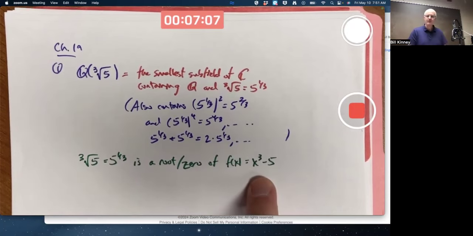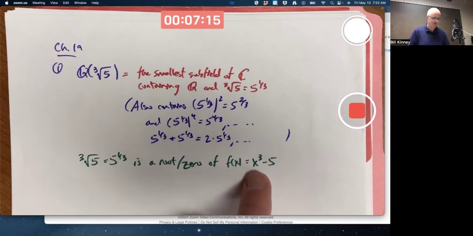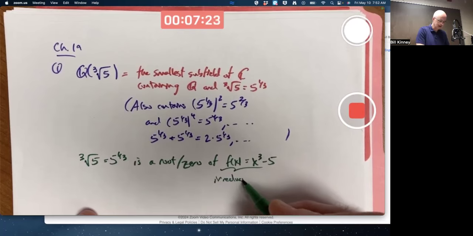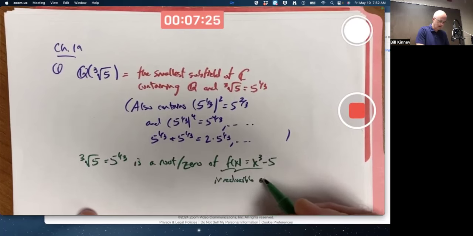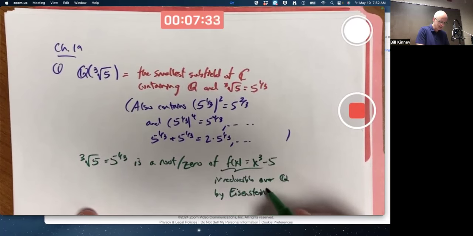And that cubic polynomial is irreducible over Q. Why? Eisenstein's criterion. This is irreducible over the rationals by Eisenstein, not Einstein, but Eisenstein's criterion.